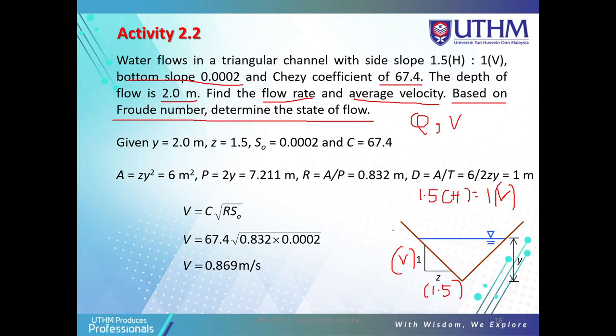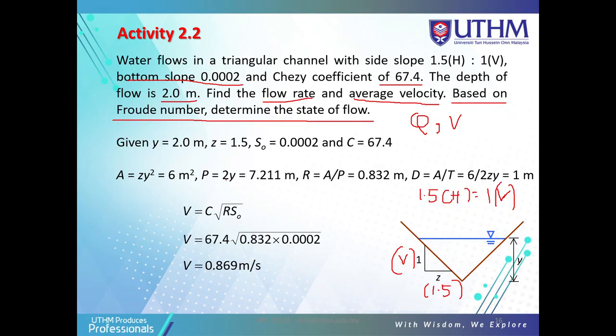So you use the equation for triangular, A is equal to Z times Y squared. Z is 1.5 and Y is 2. So we get the value of A is 6 meter squared, the area of this channel.